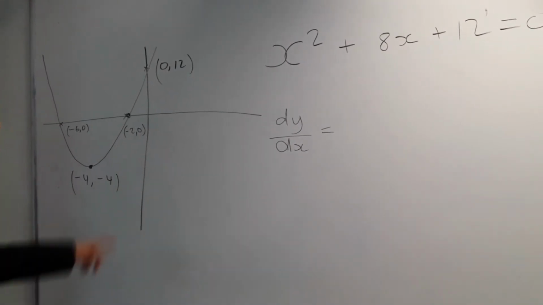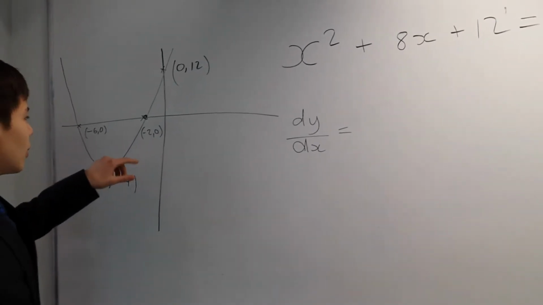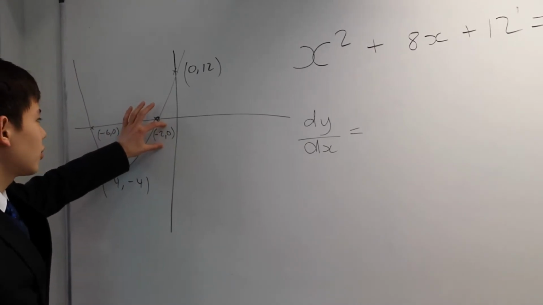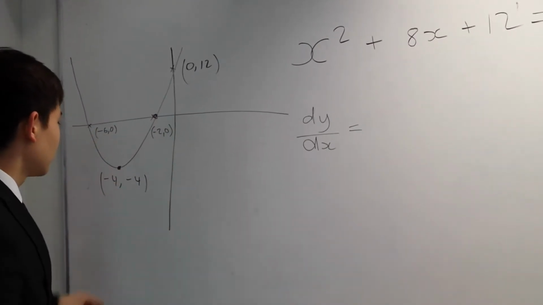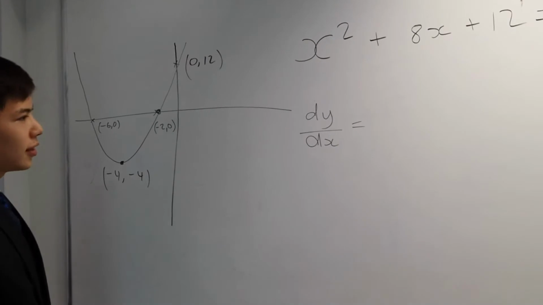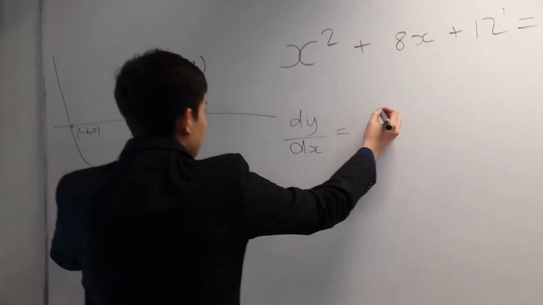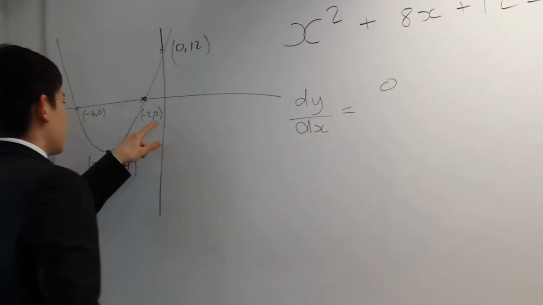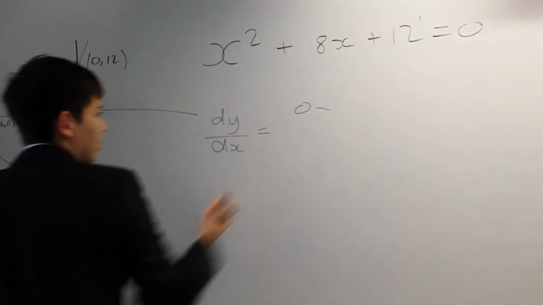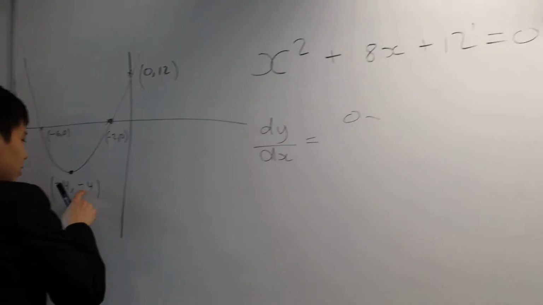So what we do is we take the one coordinate and subtract it from the other coordinate. So we give priority to one coordinate, and I'm going to pick this one. So I write 0 minus, we always put a minus sign, and then we take this value here, minus 4.